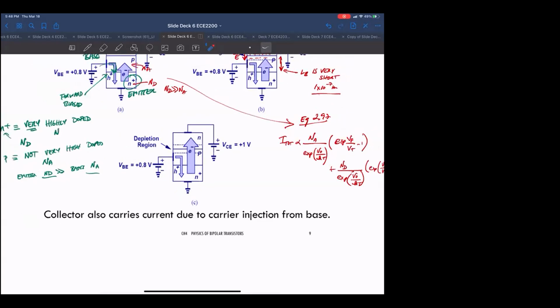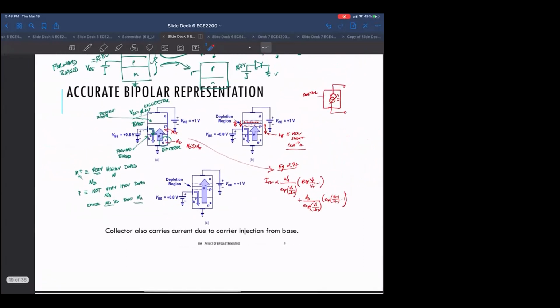So anyway, that's the basic operation in this mode, called the forward active mode, in which the base emitter junction is forward biased and the base collector junction is reverse biased.